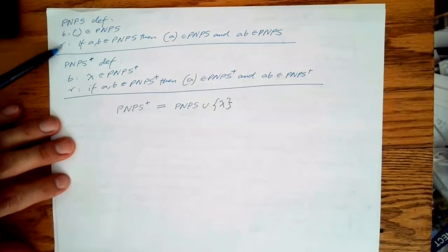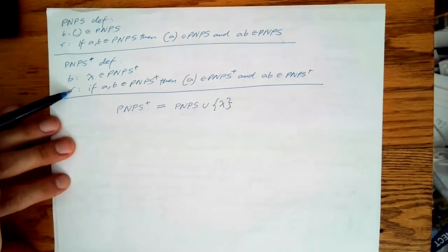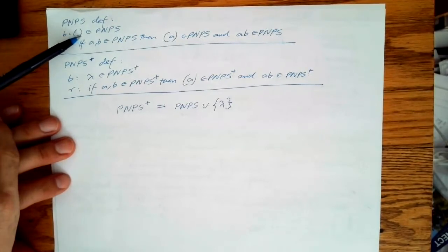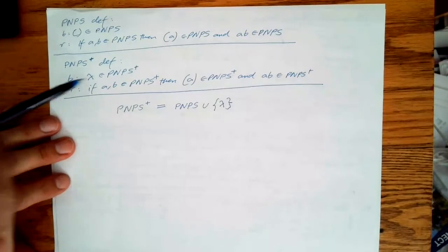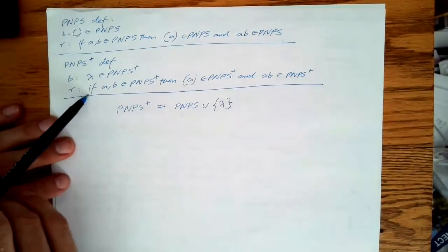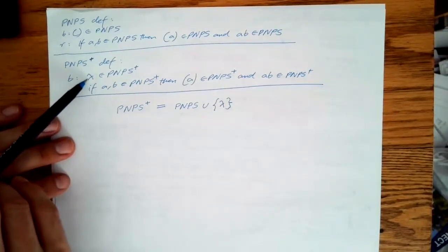Let's argue by case. Are elements added by the base case created here? Yes, because this is an element added by the base case, and that guy is in PNPS plus. Why? Because he's created by instantiating the recursive rule with an empty string.